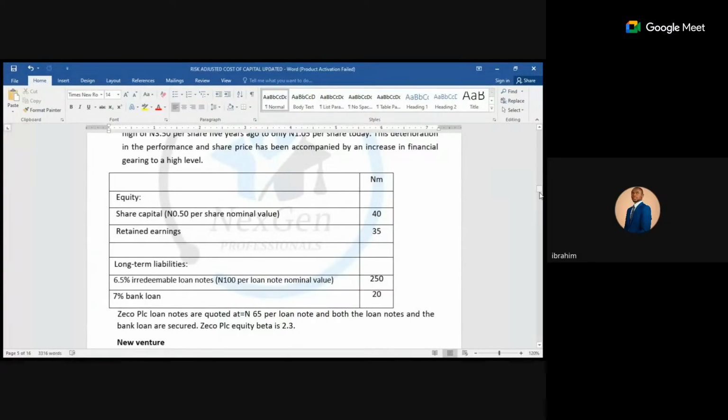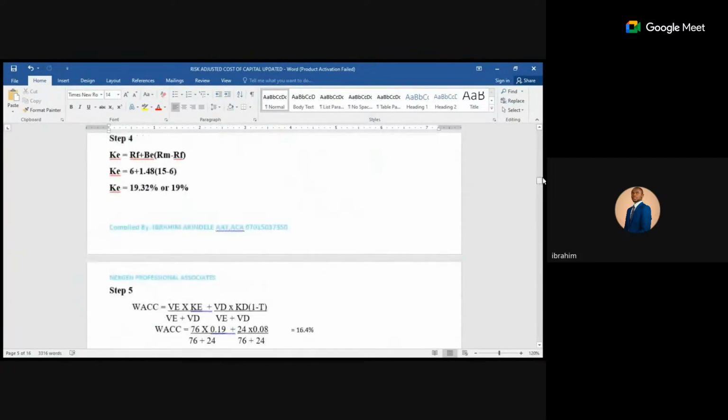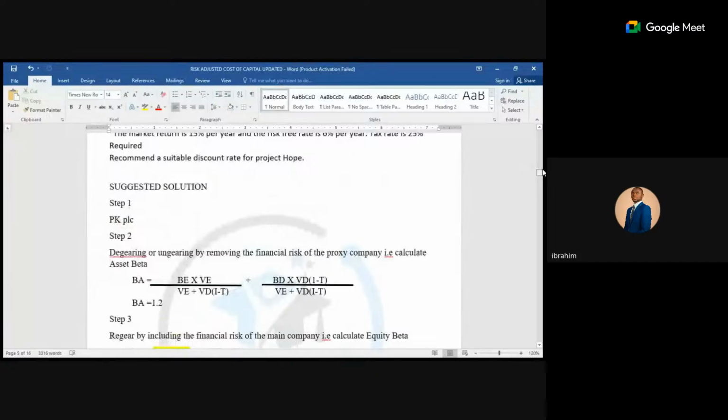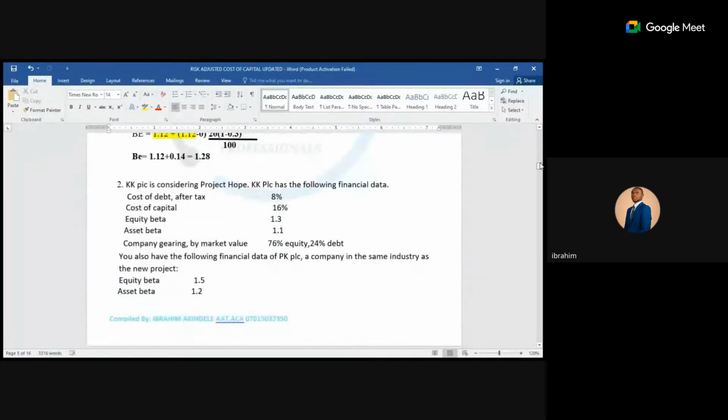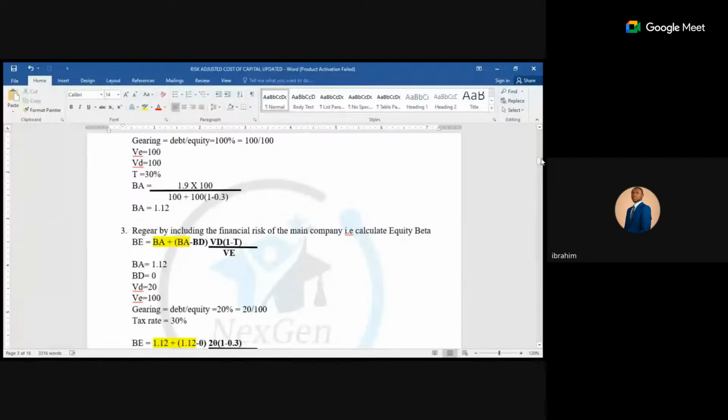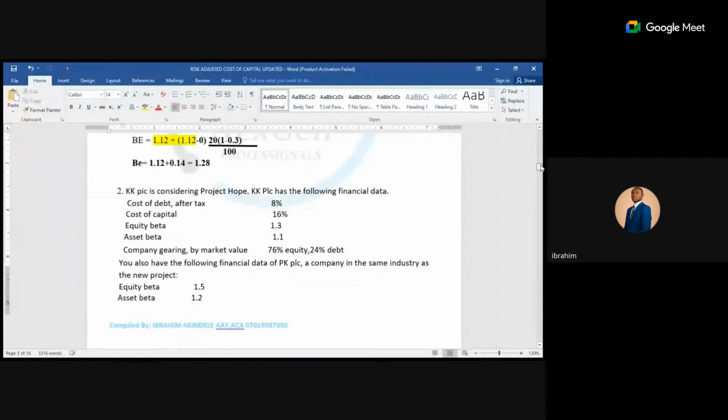Now, the value of debt and the value of equity is not given in a percentage, unlike the first one that we did, when we had debt to equity ratio given as a percentage. I'm just trying to expose you to the worst case scenario.